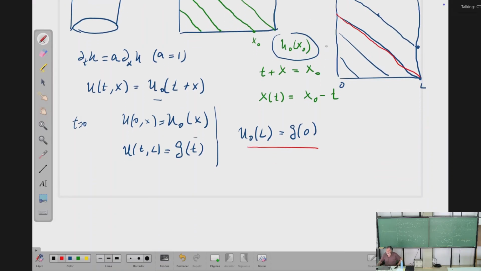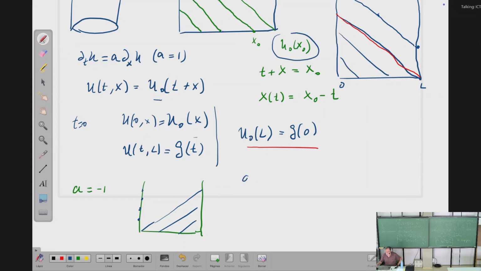If you were doing this for a equals to -1 or a negative in general, then the solution would have gone this way, and so for that you have to give the values here, okay?